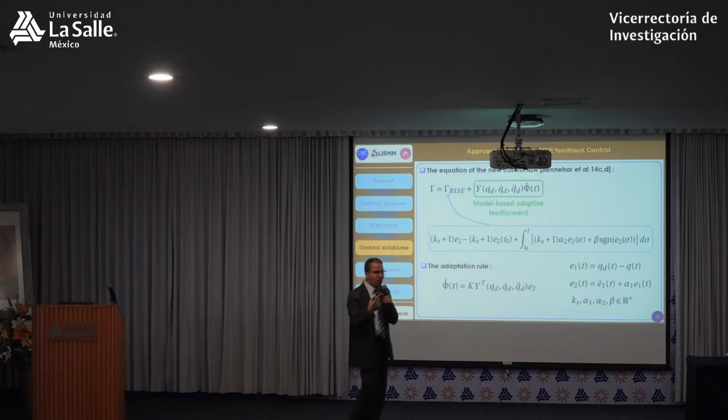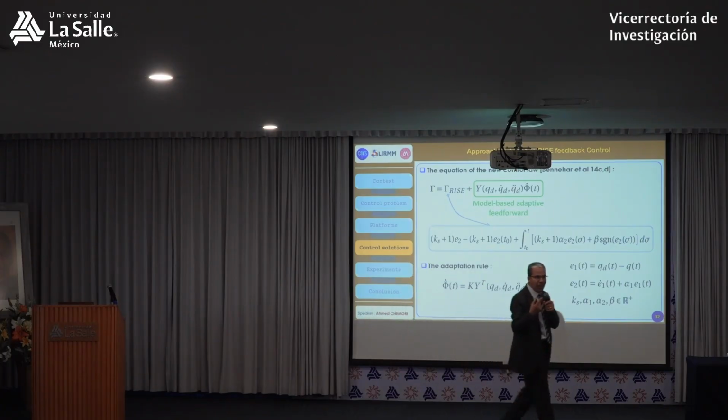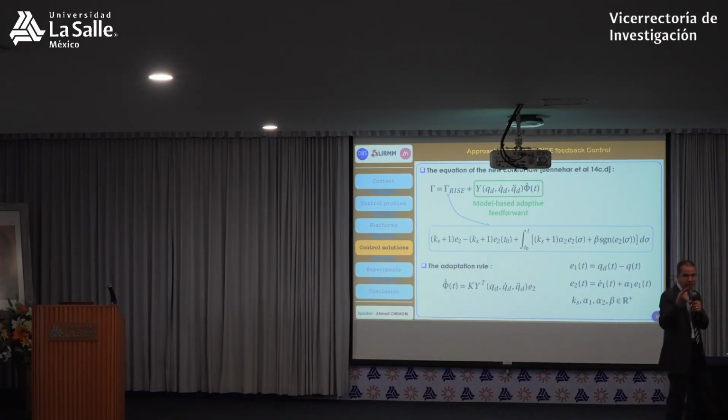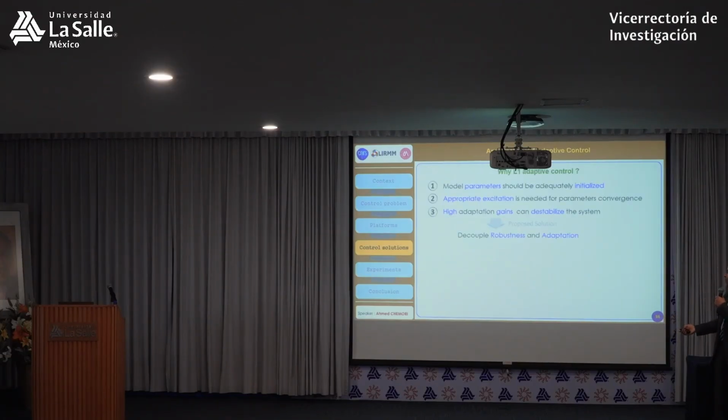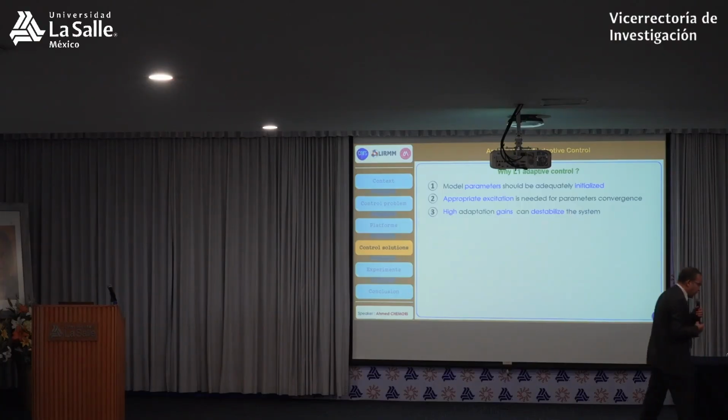So there is a compromise between stability and speed of convergence. High adaptation gains may destabilize the system. And all these are issues of classical adaptive control.